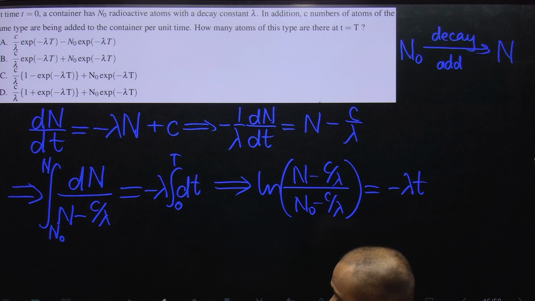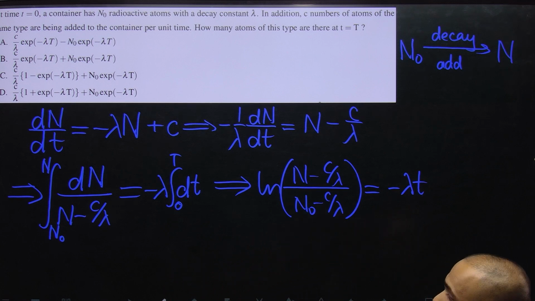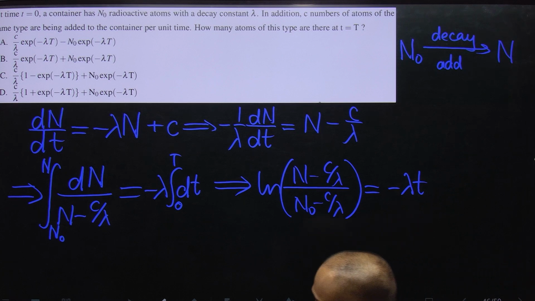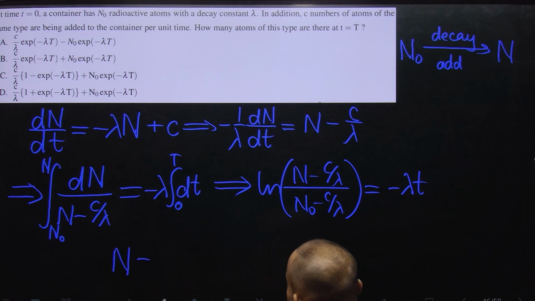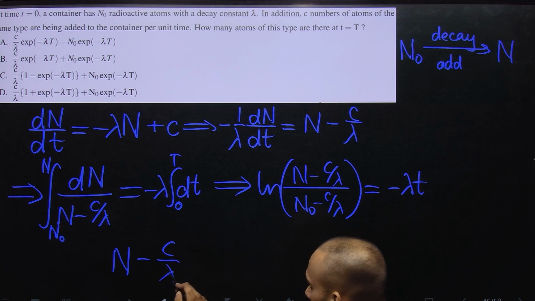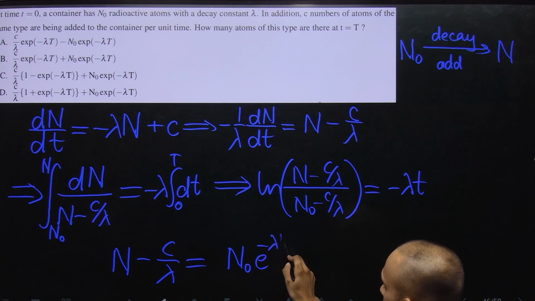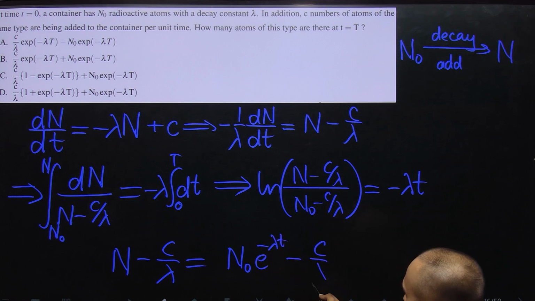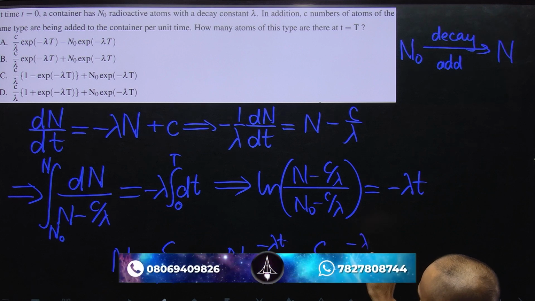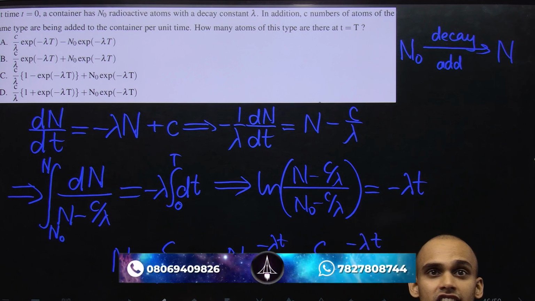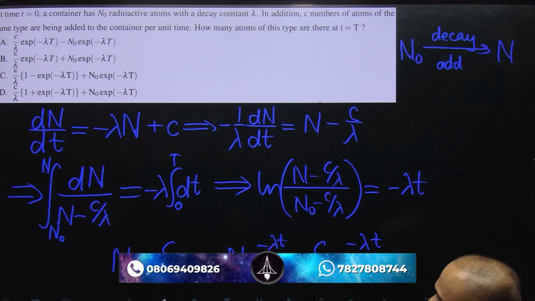Getting rid of the log, we will get e power minus lambda into t, and taking the denominator on the other side, we get N minus C by lambda to be equal to N naught into e power minus lambda t minus C by lambda into e power minus lambda t. Again, taking C by lambda to the other side, we can take C by lambda common and we'll get 1 minus e power minus lambda t.